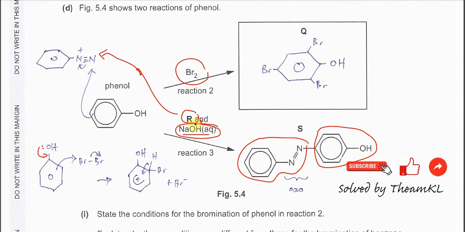So I told you just now, the oxygen has a lone pair, it can delocalize into the ring. So when the lone pair gets into the ring, the benzene ring has more electrons, meaning it's more active, so it can easily react with electrophiles like bromine.